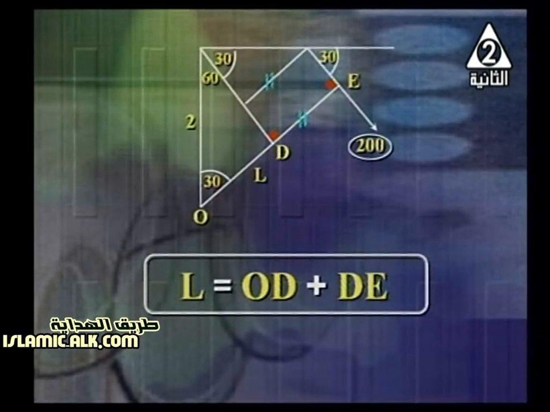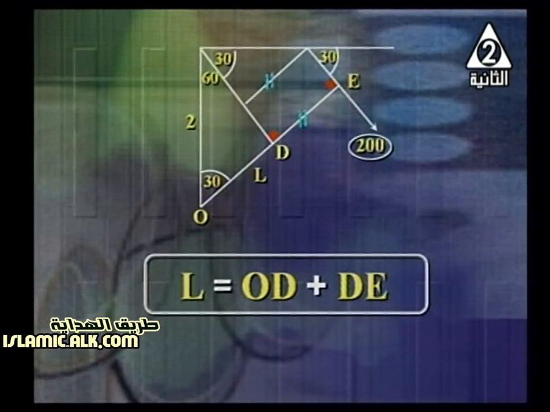We find the length of OD by using cosine 30 or sine 60. Sine 60 equals L over 2, or cosine 30 equals L over 2. Cosine 30 is root 3 over 2. By substitution, we find the value of OD. By the same method, we find DE.